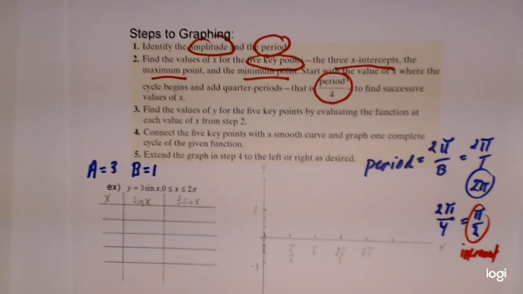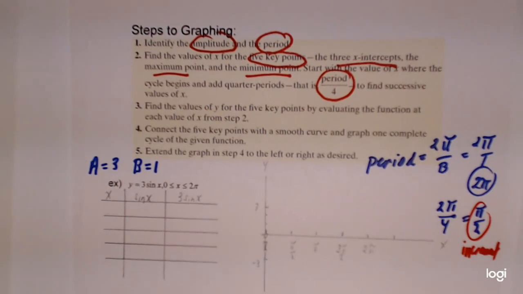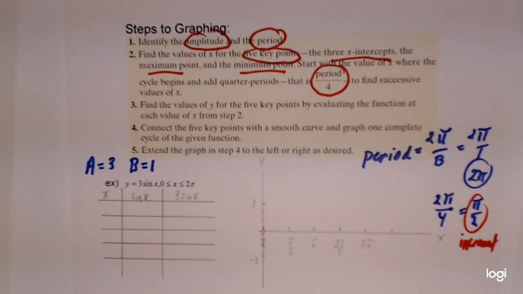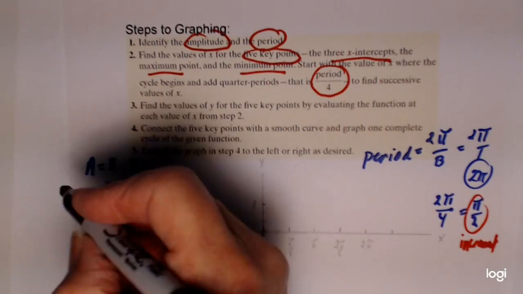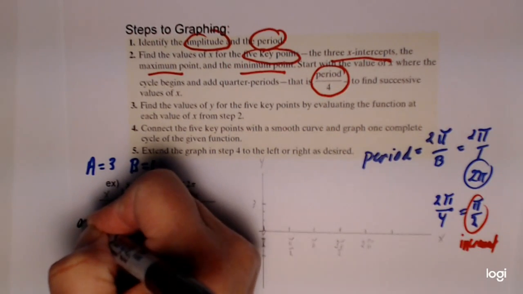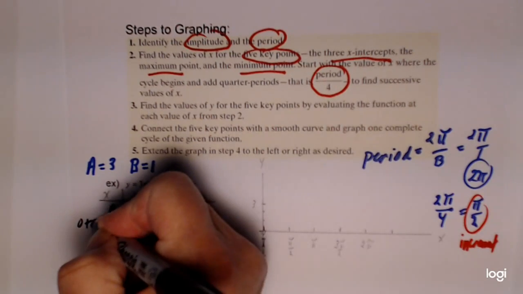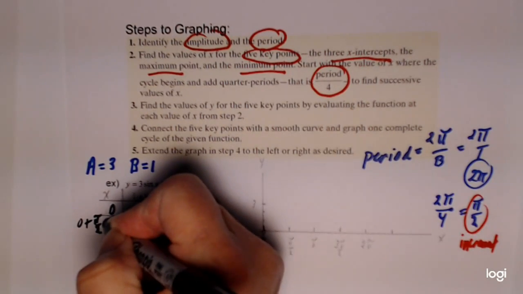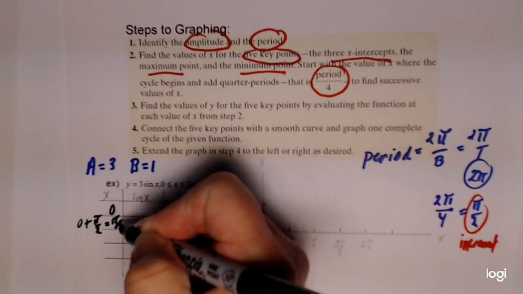So let's go ahead with this chart here. We're going to be starting at x is 0 because we're going to take a look at something called a phase shift, but not now. We're starting with basic. So we start at x is 0. Now, to get to our next key value, we take our 0 and we add our increment of pi over 2, which gives us pi over 2.